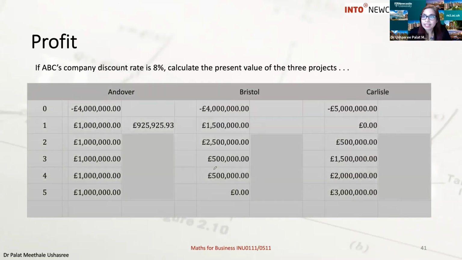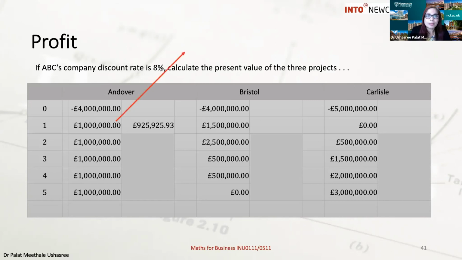So I'm going to calculate the present value at a discount rate of 8%. The first one I have calculated here. Do you all remember the formula for present value? I'm sure you know that.